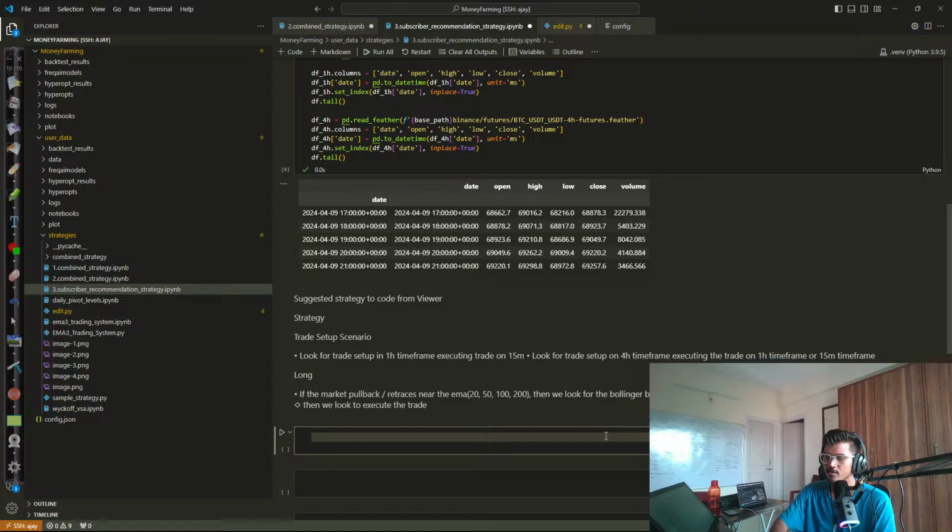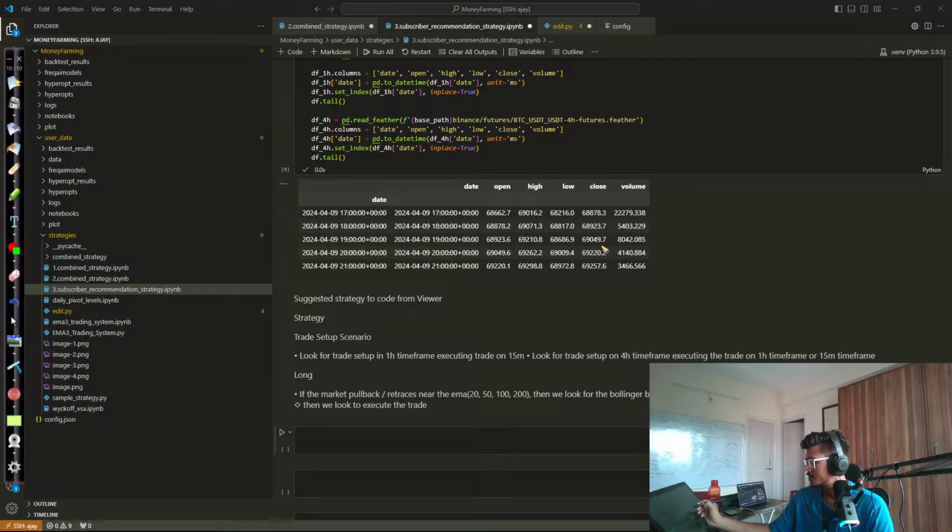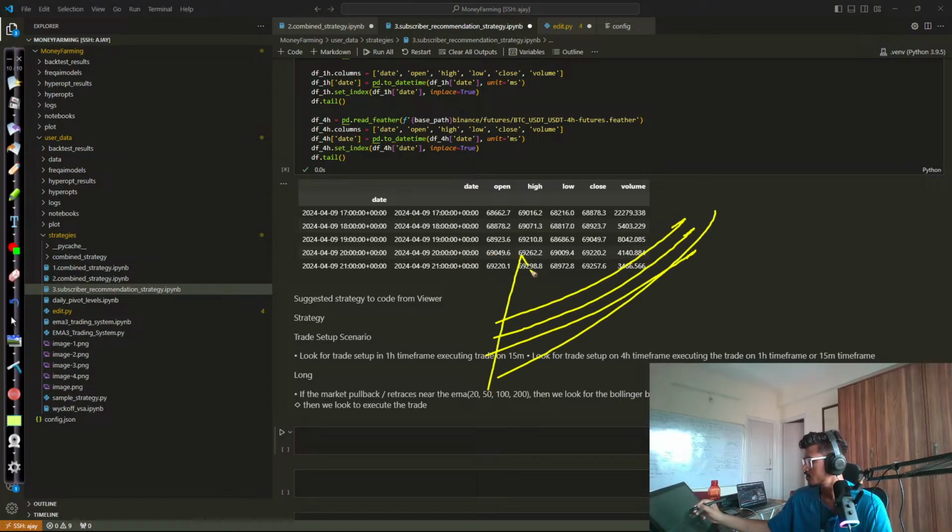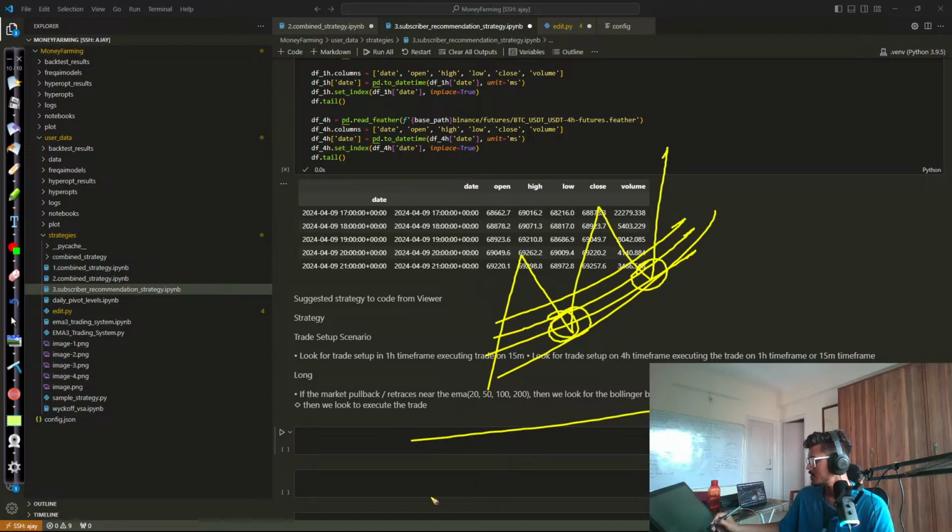The way this strategy will work is, we have these EMAs, right? Now the market goes like this, so we have to look for this, and for confirmation we have this Bollinger Band width.